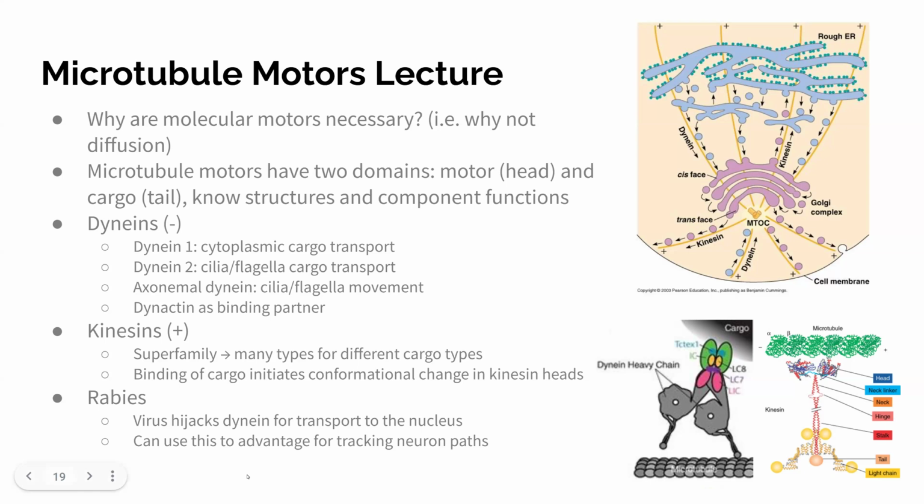You can use that to your advantage to do tracking within the cells. You can attach fluorescent molecules to those dyneins and kinesins to track cargo or other things. So in rabies, it's really bad that a virus is hijacking the dynein, but for experimental uses, it could actually be to your advantage.